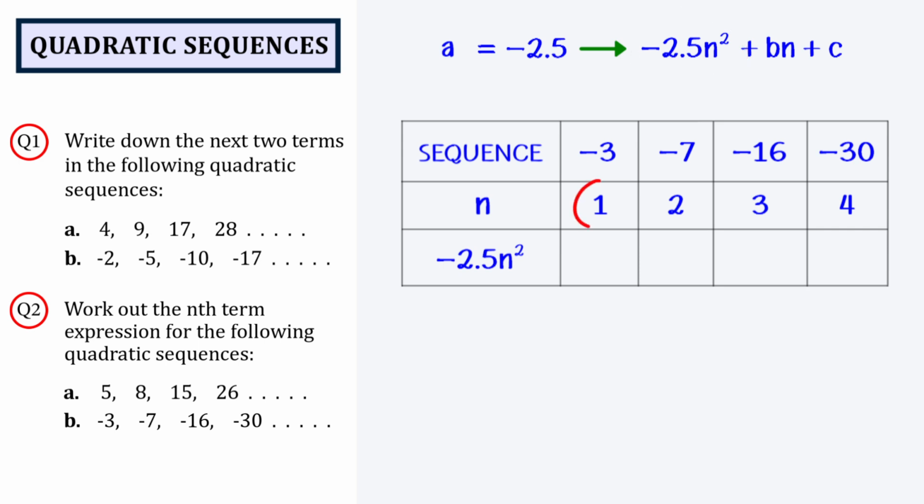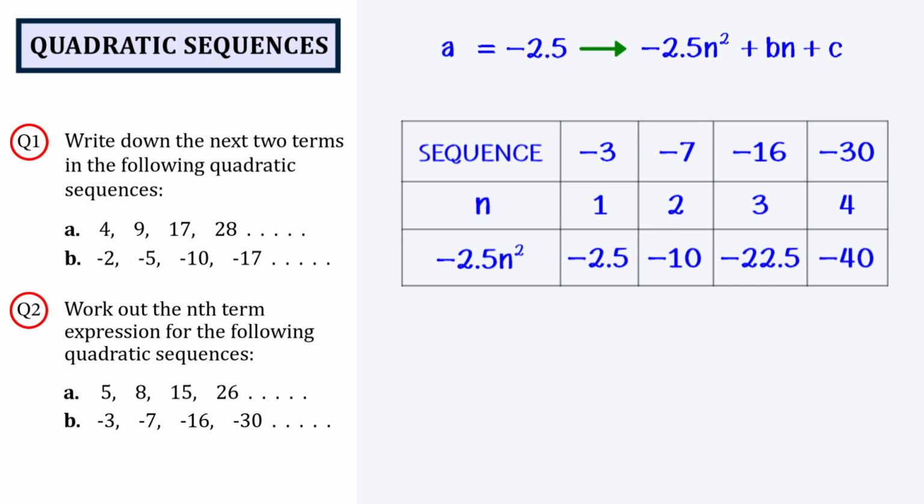And so when n is equal to 1, minus 2.5n squared is equal to minus 2.5. When n is equal to 2, minus 2.5n squared is equal to minus 10. When n is equal to 3, minus 2.5n squared is equal to minus 22.5. And finally, when n is equal to 4, minus 2.5n squared is equal to minus 40.